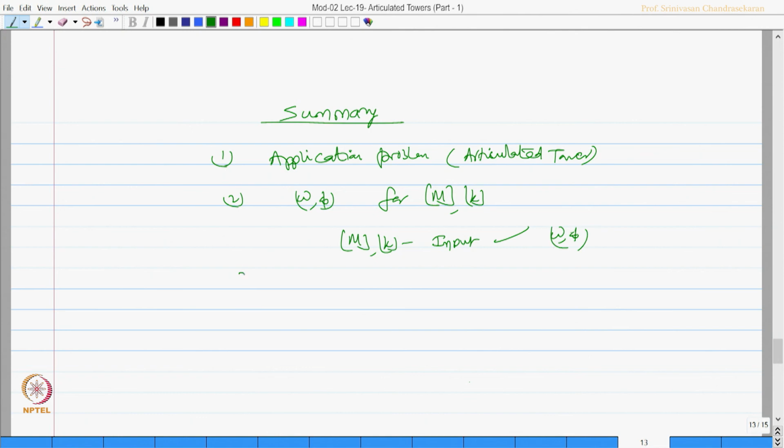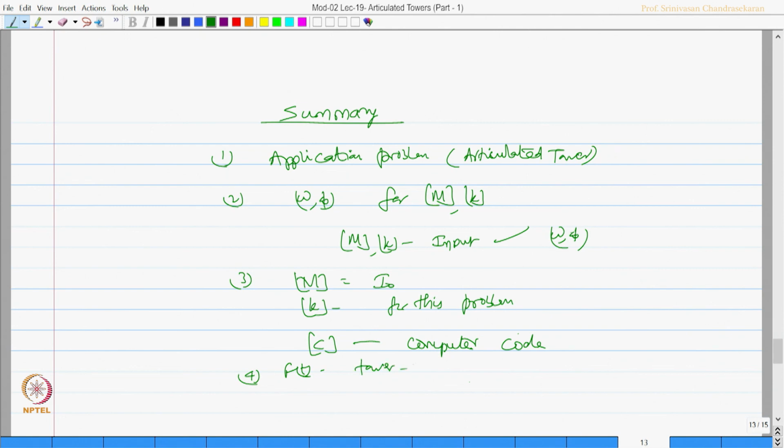This example explained how to find out mass, which is the same as I_0, and k for this problem. Once you know mass and k, one can compute C using the computer code. The problem also helped you understand how to estimate the wave forces, which is f of t, for a given tower using finite element.